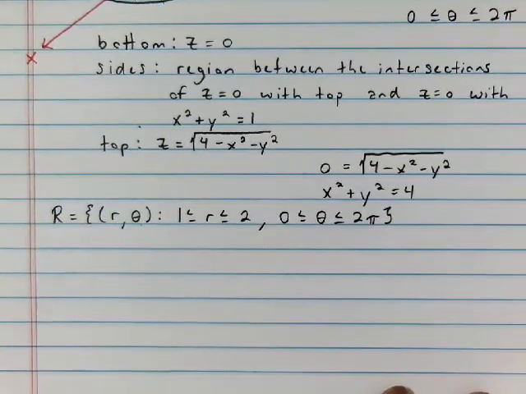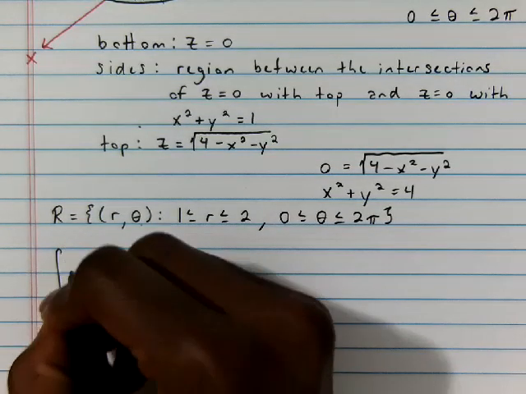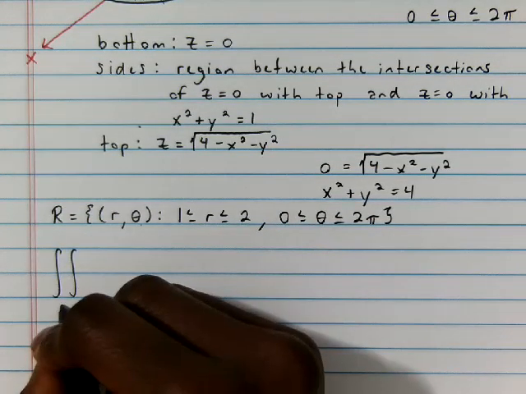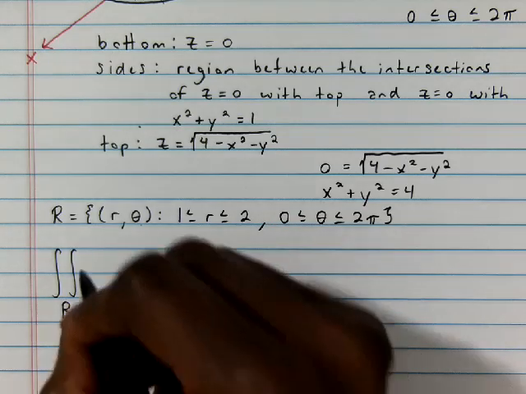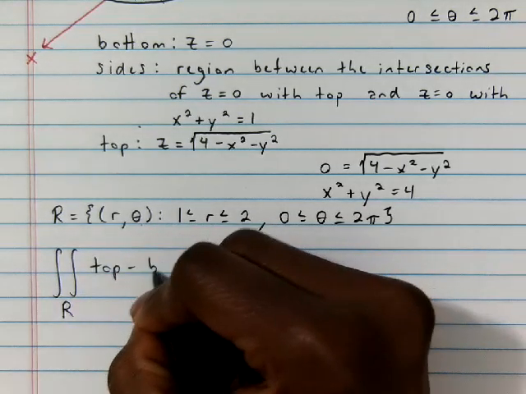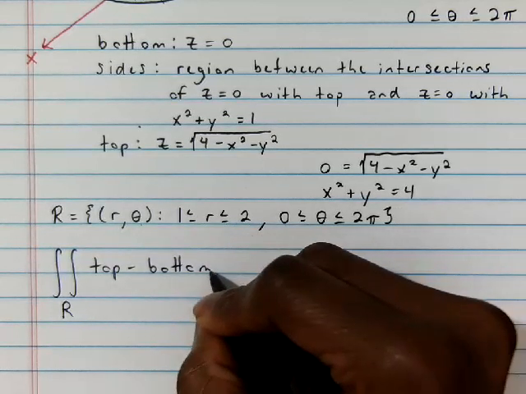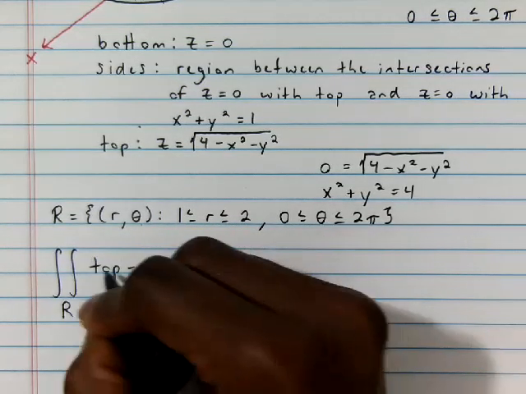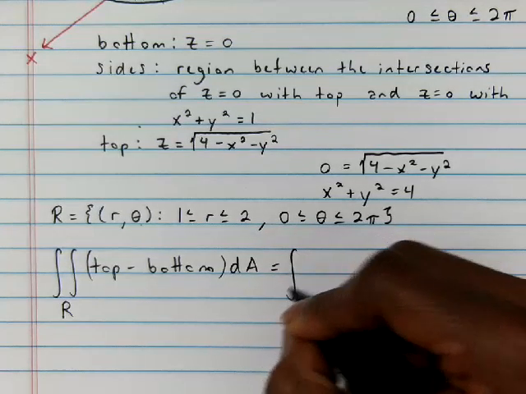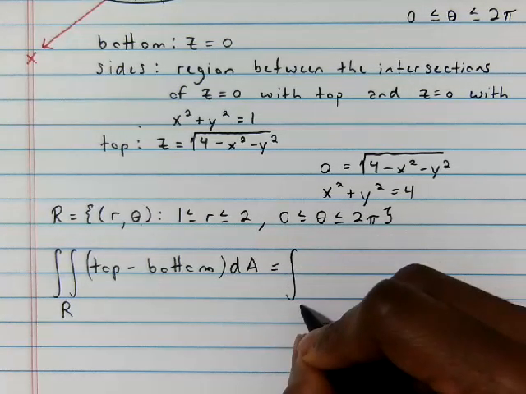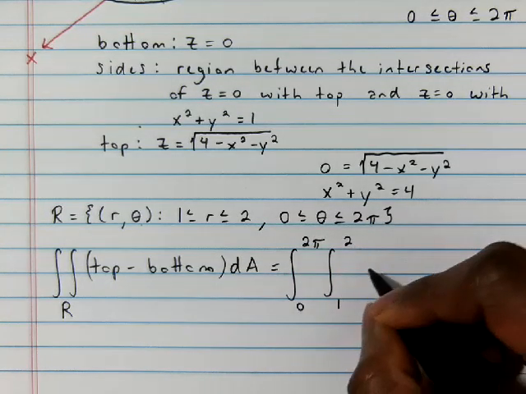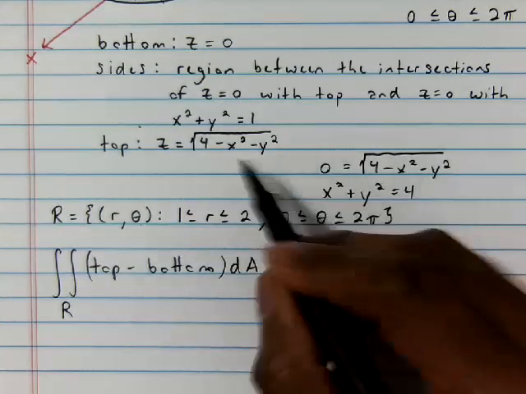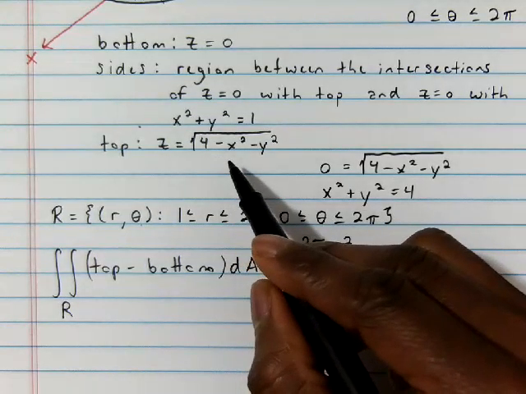So our integral, the double integral over R. Now what is our integrand going to be here? It's still going to be top minus bottom, dA, which for us is the iterated integral from 0 to 2 pi, and then from 1 to 2. Our top was z equals the square root of 4 minus x squared minus y squared.